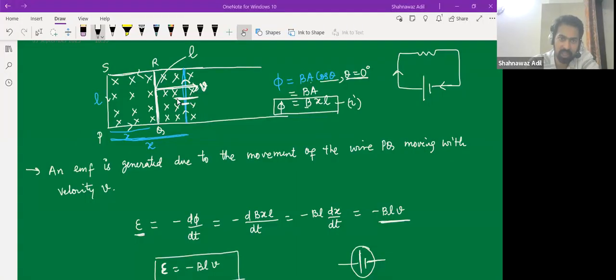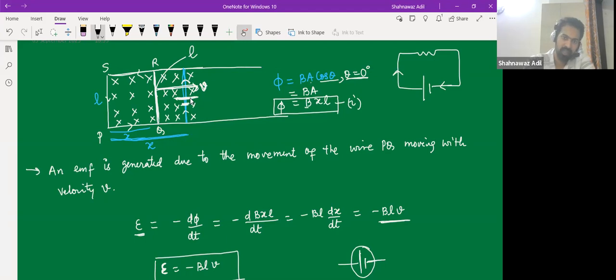So the polarity of this circuit would be: this is the higher potential and this is the lower potential. Your palm gives the direction of the higher potential. Did you understand, Mariam, the right hand palm rule?